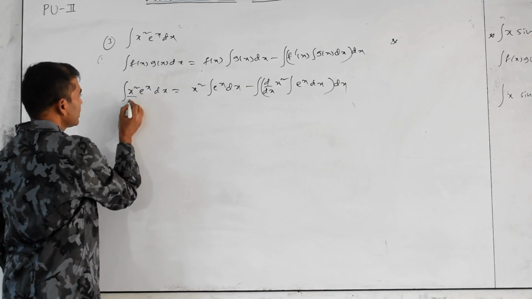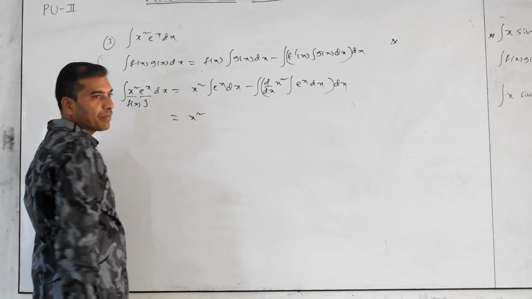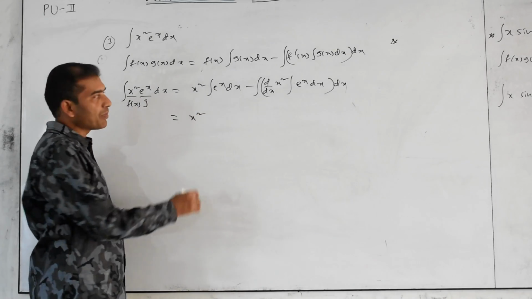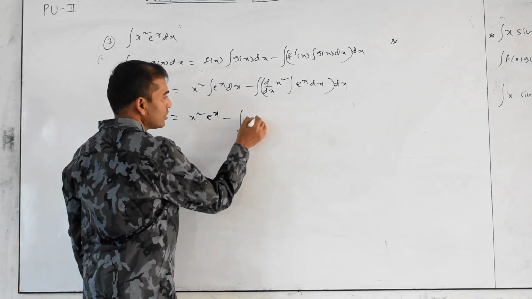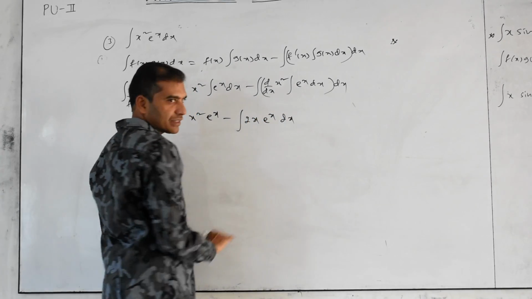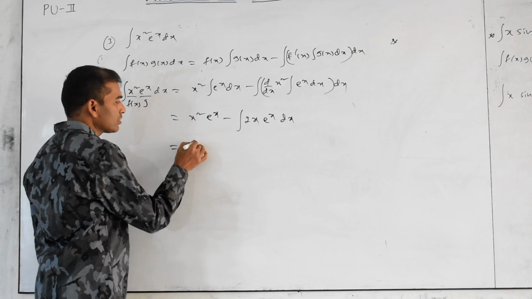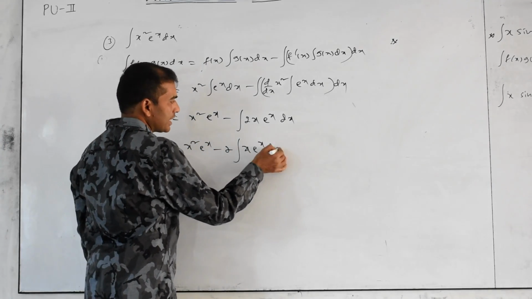This is f and this is g. X square e power x integration e power x, minus differentiation of x square is 2x, e power x integration e power x dx. So x square e power x minus 2 times integration of x into e power x dx.